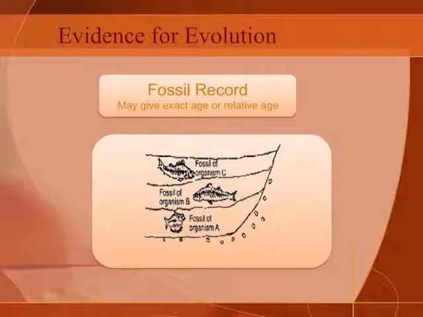The fossils that are at the bottom, organism A, are going to be the oldest because they were laid down first. And the fossils at the top, organism C, are the youngest because they were laid down last. There are methods that can give us exact ages of fossils. This just gives us their relative ages. We know that A is older than B, which is older than C.